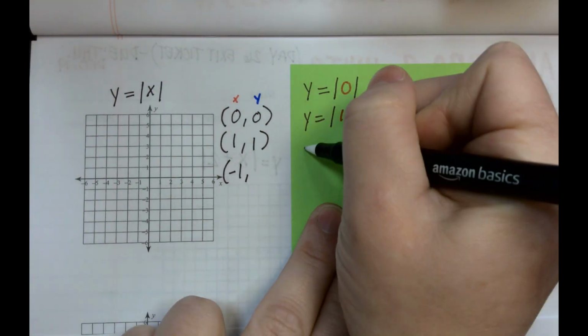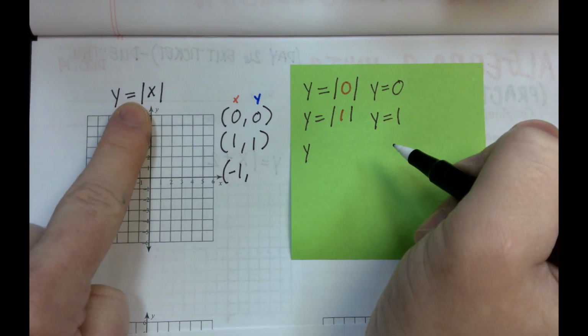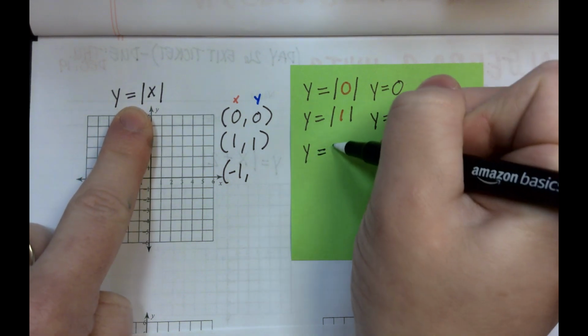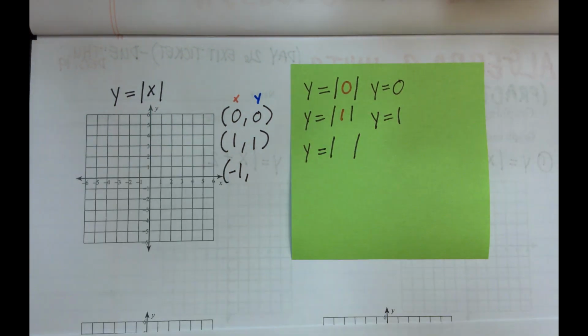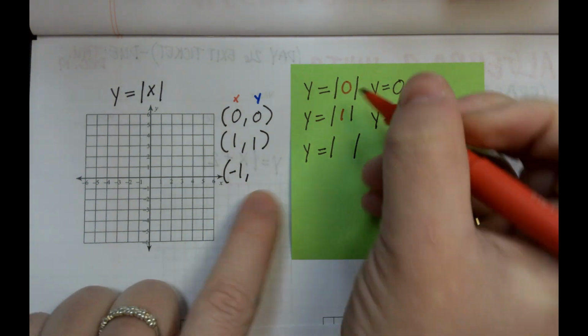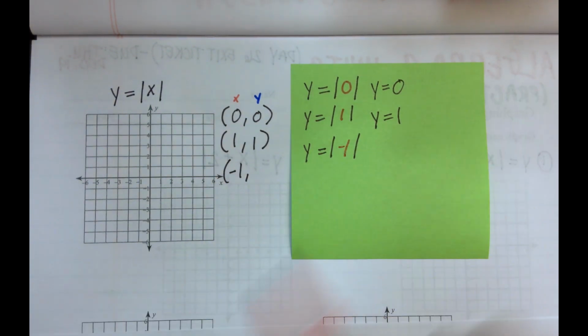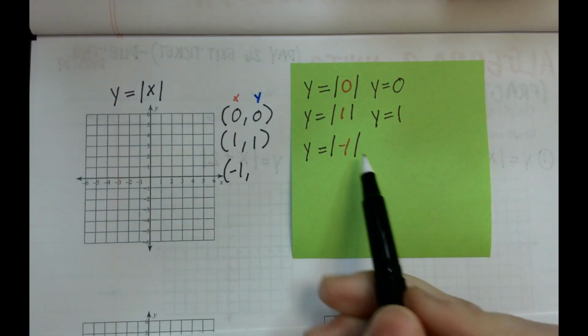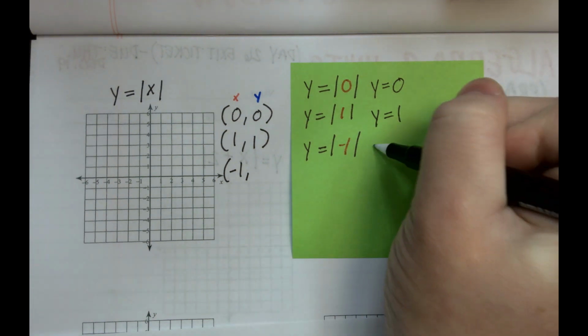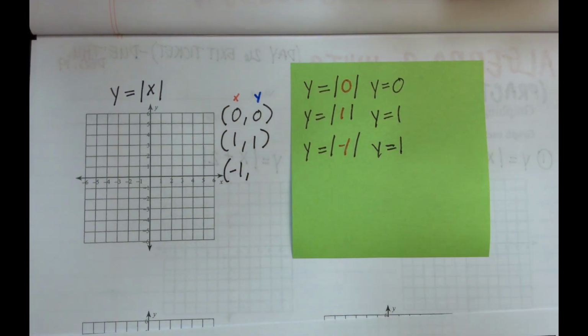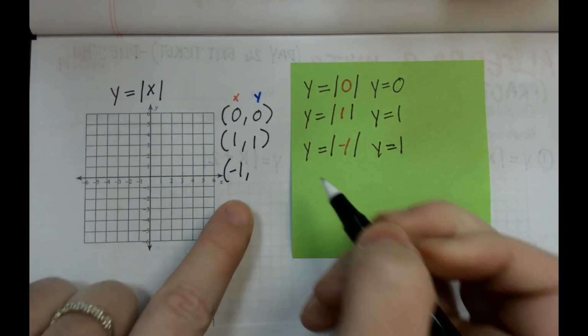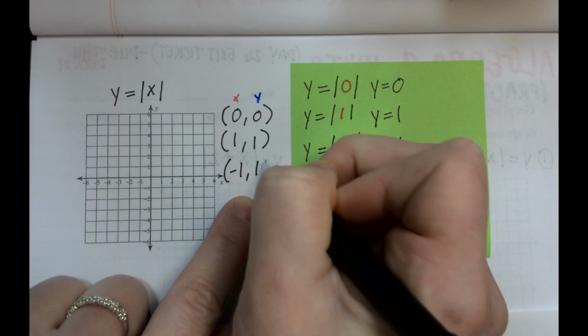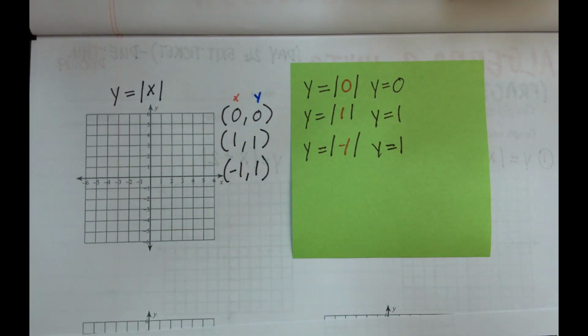Positive 1. Yeah, so if I have this original equation, y equals the absolute value of x, I chose negative 1 for x. And the absolute value of negative 1 is just positive 1. So our y is 1 when our x is negative 1. Okay.